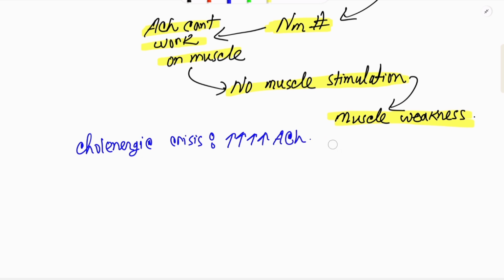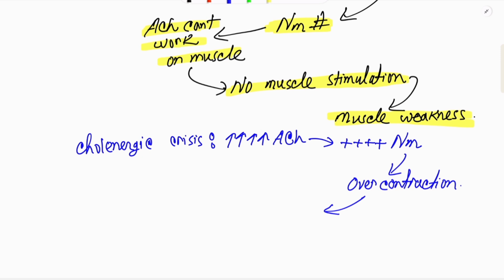As a result, there is very much stimulation of the NM receptor, and that leads to overcontraction of the muscle. When the problem starts, initially the muscles are hyperactive, but day by day the muscles become non-responsive, and this clinically presents as muscle weakness.